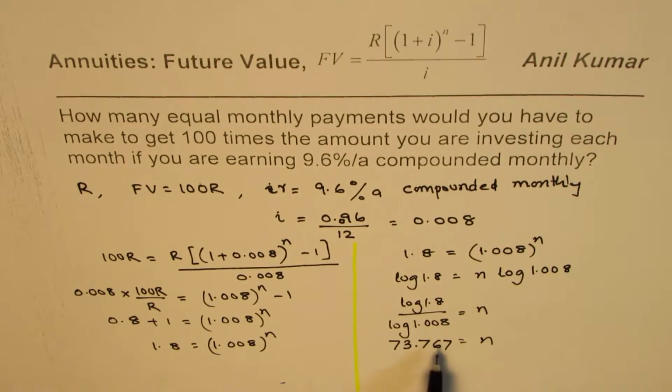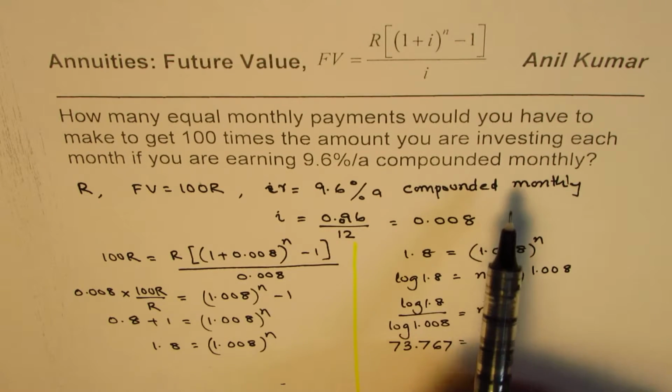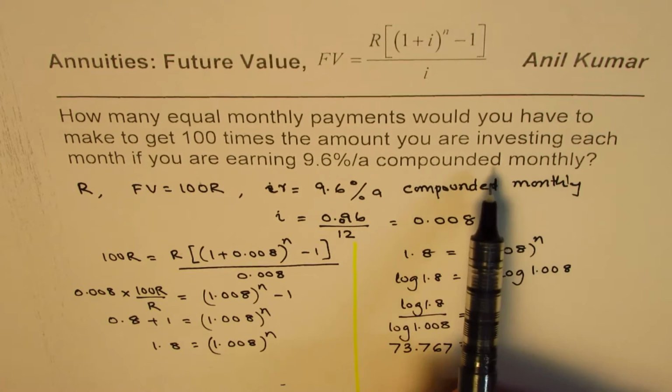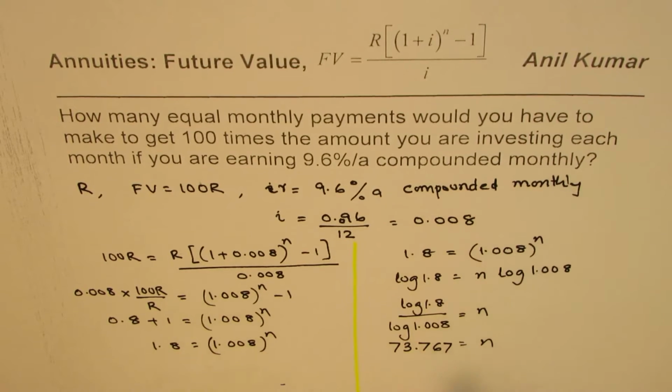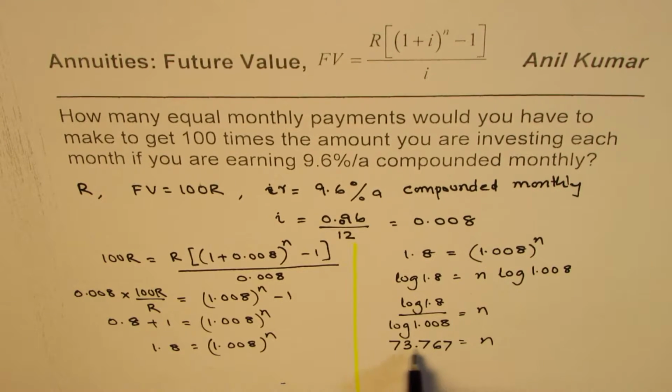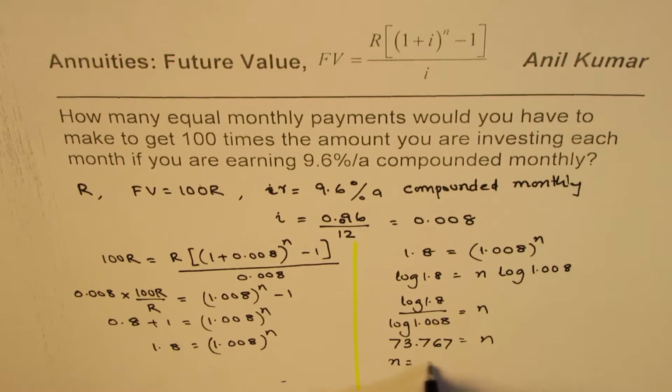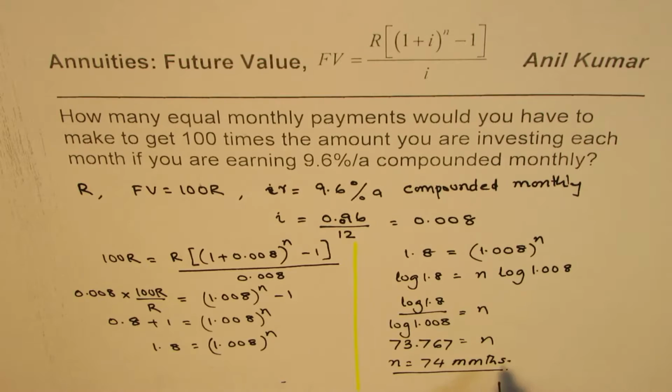So N is the number of terms, number of months in this case, since it is compounded monthly. So you can say more than 73. So N is equal to 74 months. Right? So that is how you can find the value of N.